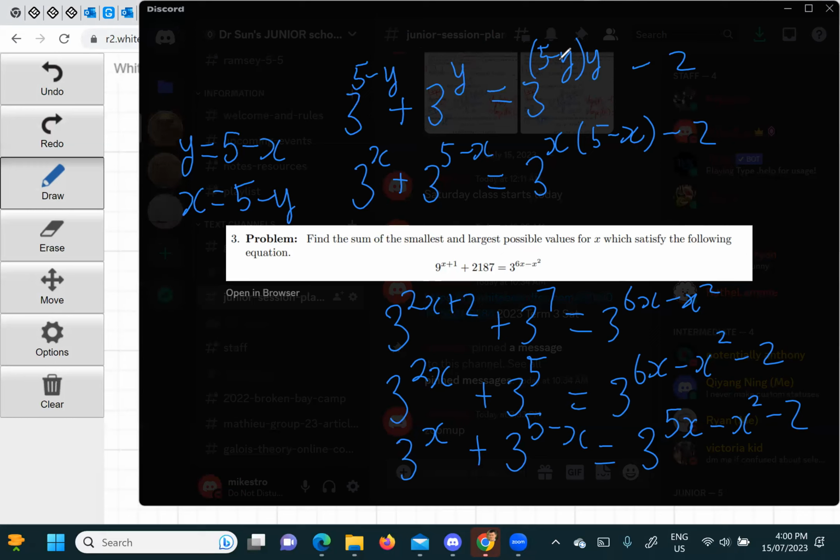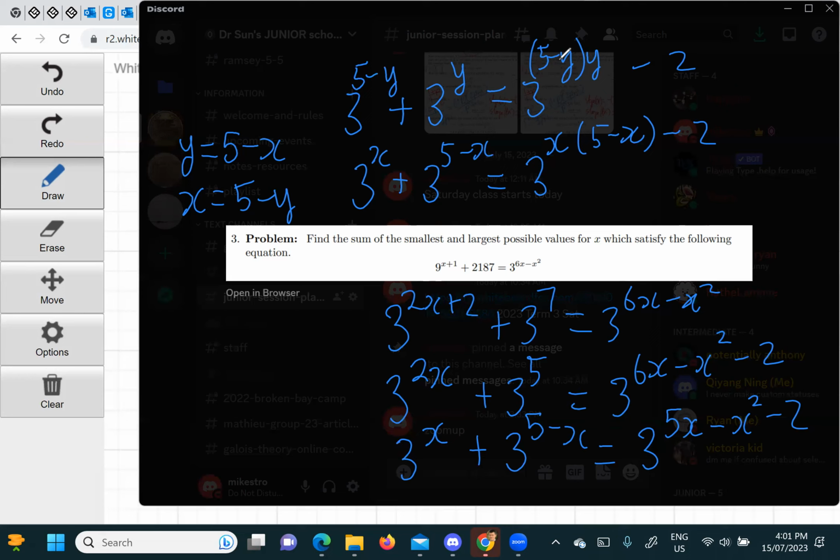So basically it's saying that if x is a solution, then y is also a solution. Does that make sense? So if x is a solution, then y is also a solution. So that actually proves that x plus y equals 5.